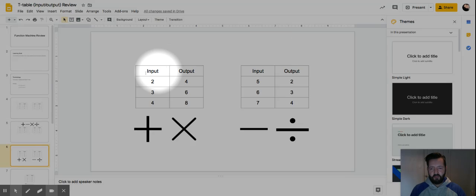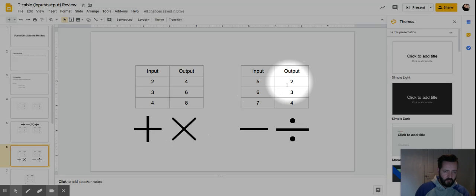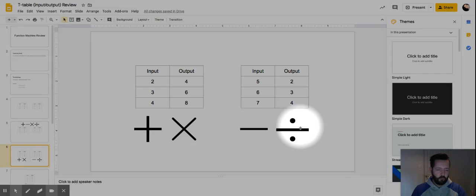If we have a function machine that is making numbers bigger, we are most likely working with a machine that's adding or multiplying. And if we have a machine that is making our numbers smaller, it's probably subtracting or dividing. That'll be a helpful little hint to remember as we do a few of these examples.